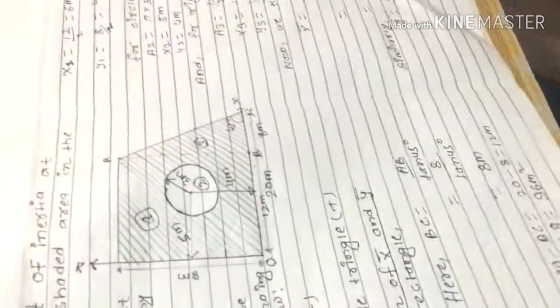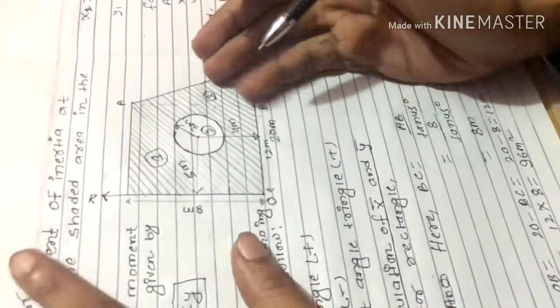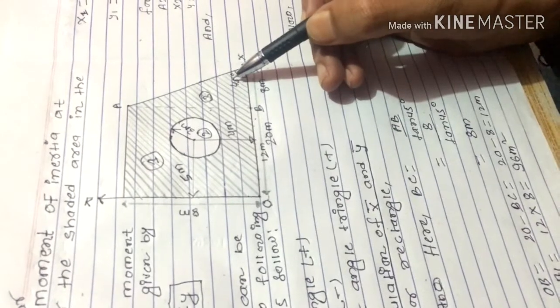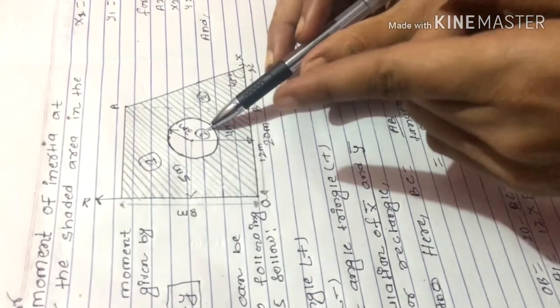In the figure we can see our first figure is rectangle, second is circle, and third is right angle triangle. So let us analyze this figure using the formula.